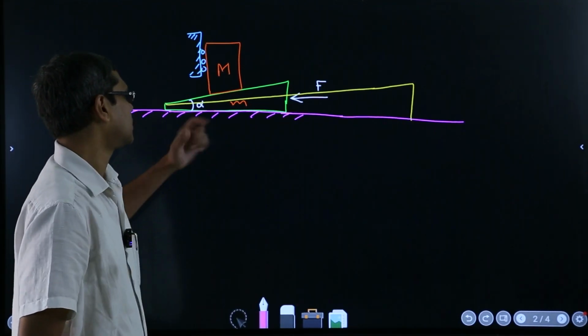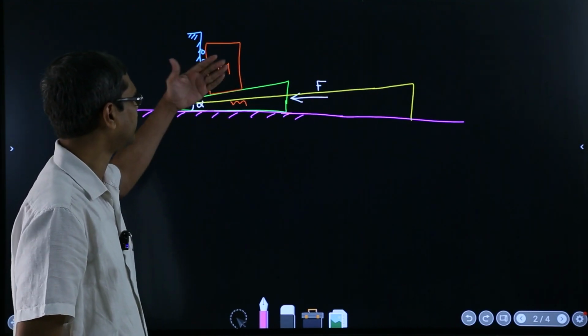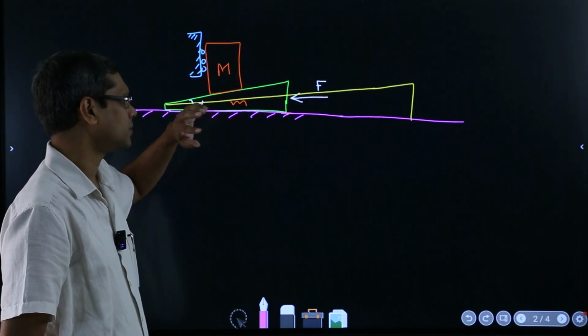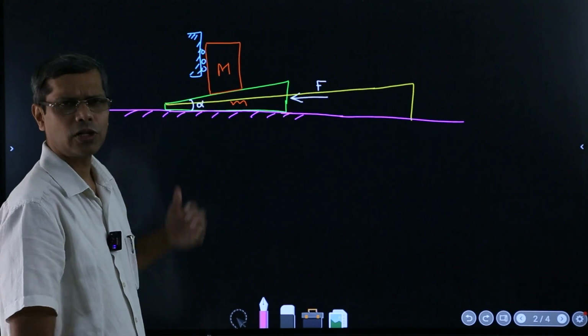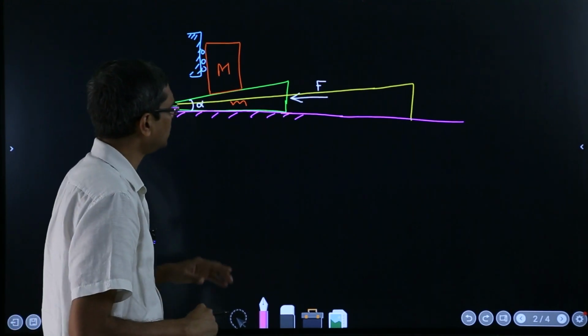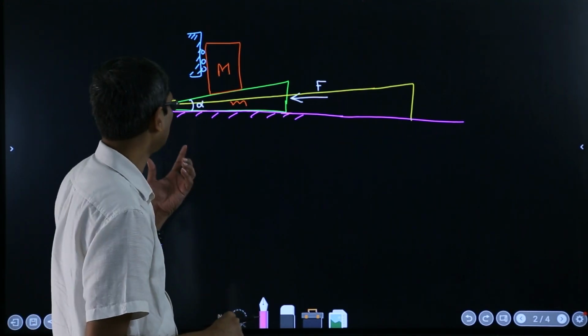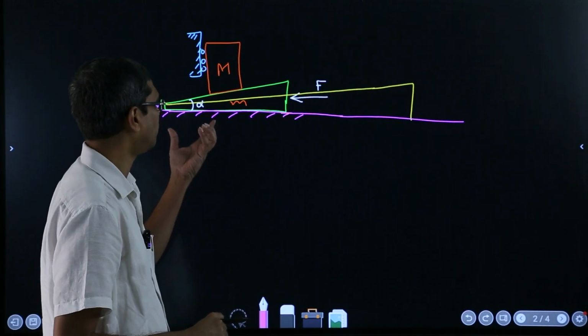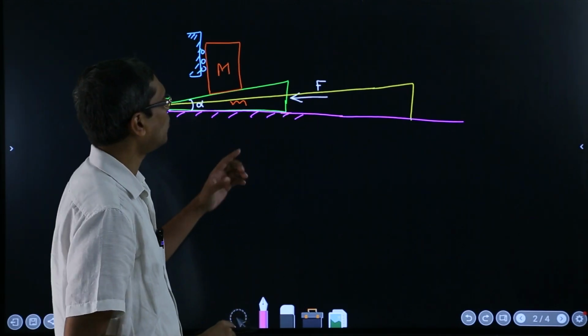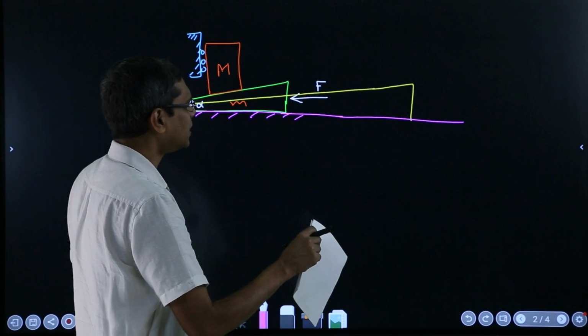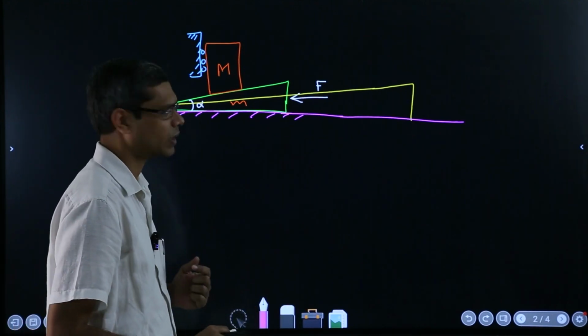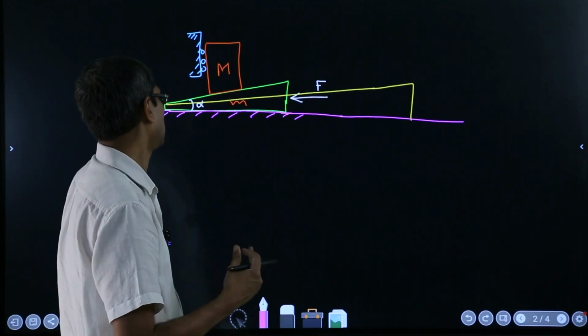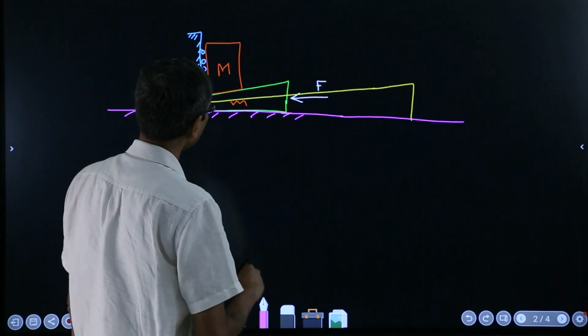So this way of lifting things was done for a long time, before somebody thought, why not find a better way of reducing the distance required. Now, what is the solution?